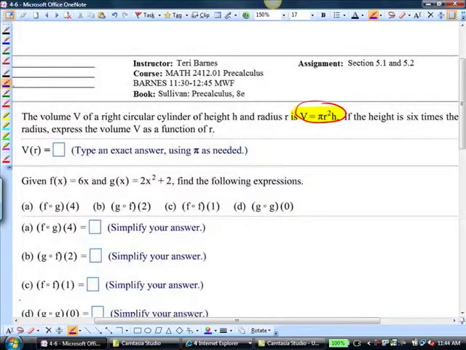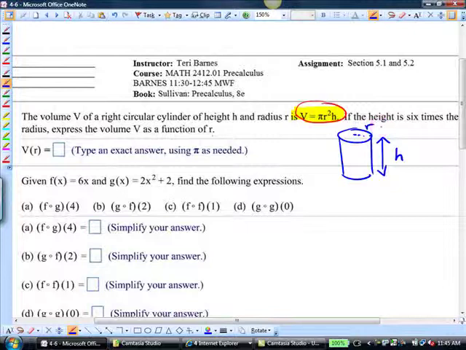They give us that here's our cylinder, and here's our h, and here's the radius, okay? And they told us the height was 6 times the radius, right? So if we want to rewrite this formula as a function of r, that means we can only have r in it.